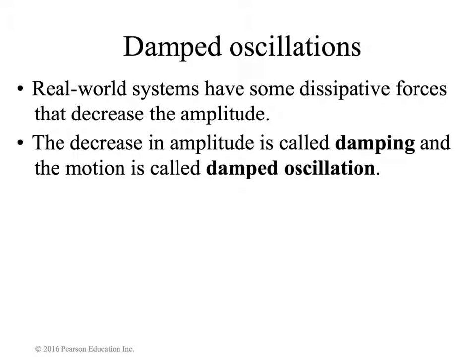So basically, when you put a mass on a spring and you let it oscillate, while we say that it will oscillate forever in a perfect world, we probably realize that in the real world, those oscillations are going to eventually dissipate or die out. This is because the oscillations are actually damped.